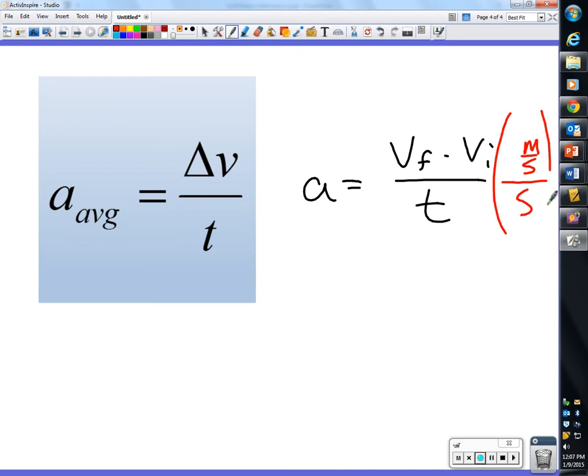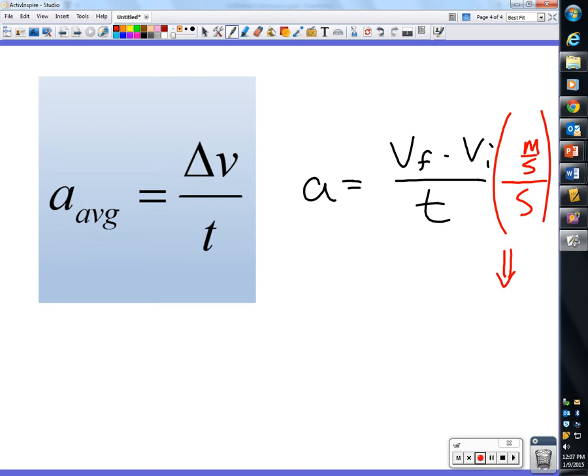So the unit for acceleration is meters per second, which is obviously a complex fraction. Okay? It describes how much the velocity changes every second. However, you will almost never see that unit written that way. It's kind of complex, right? Not kind of, it's a complex fraction.